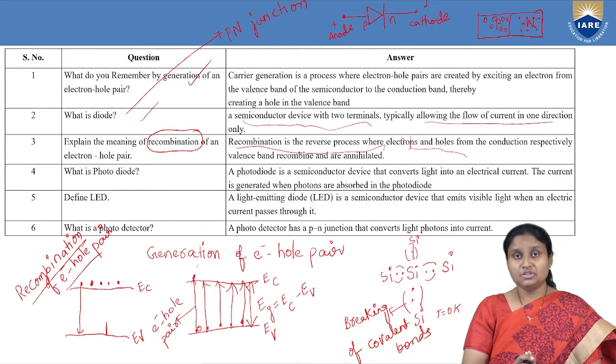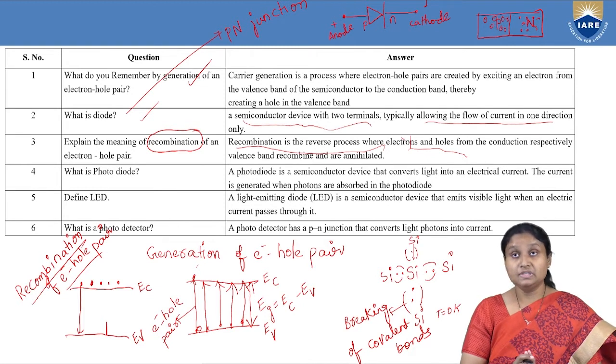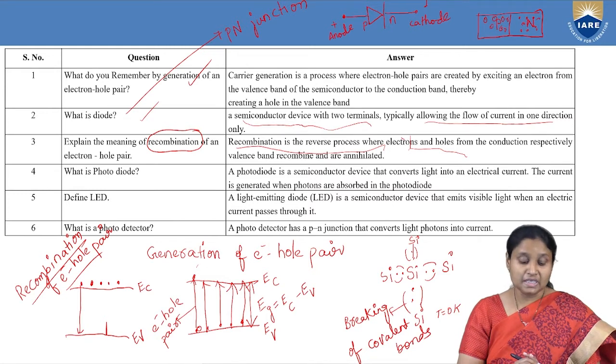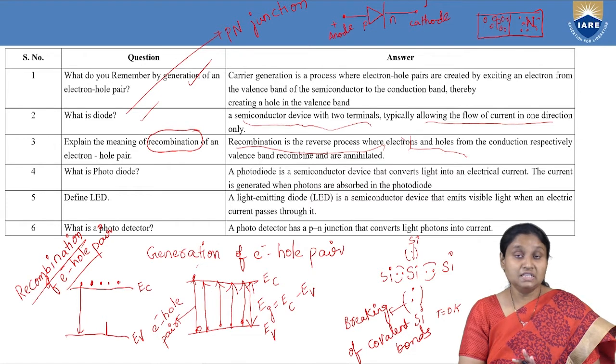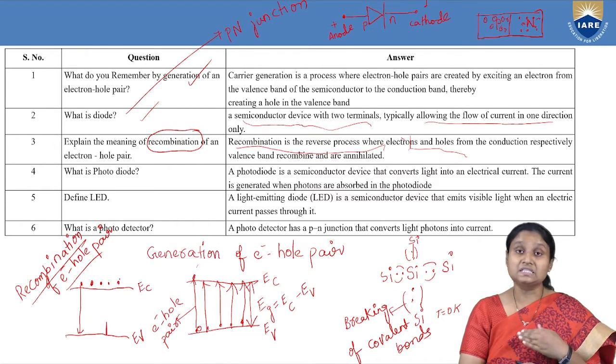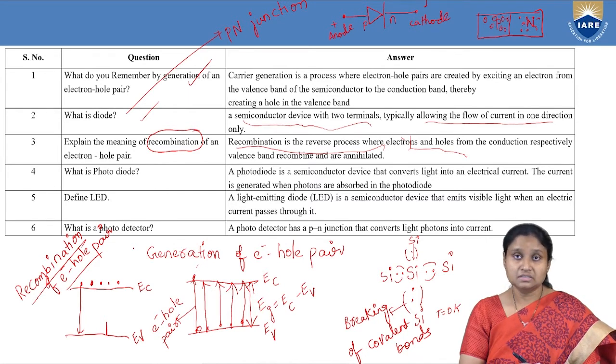We know that generation of electron-hole pairs takes place when we supply external energy. But recombination can occur after the lifetime of the energy level in which the electron is present, or sometimes we supply external energy in order to push this electron to the valence band. So it can be spontaneous, or it can be because of some external energy supplied.